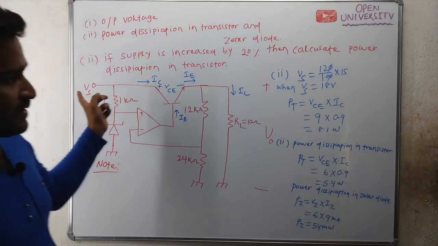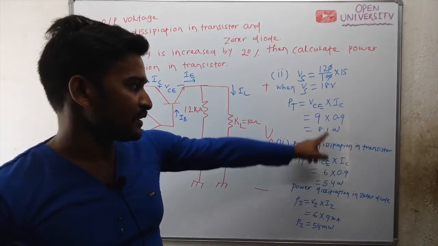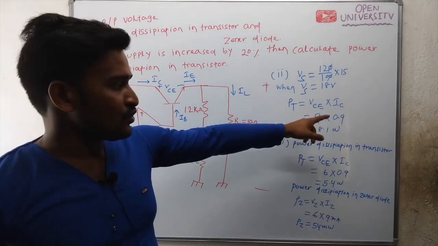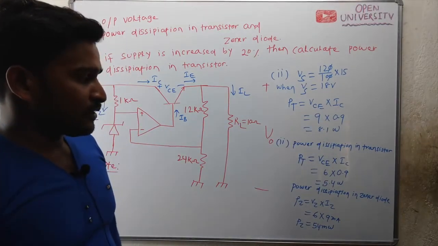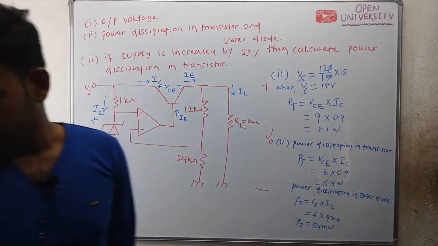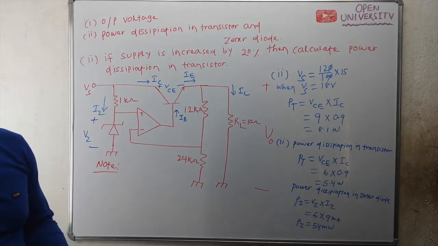If supply voltage changes, then Vc will change. Earlier Vc was 6, now Vc becomes 9 volt. So in a series regulator, a change in supply voltage will cause a change in Vc of series transistor.